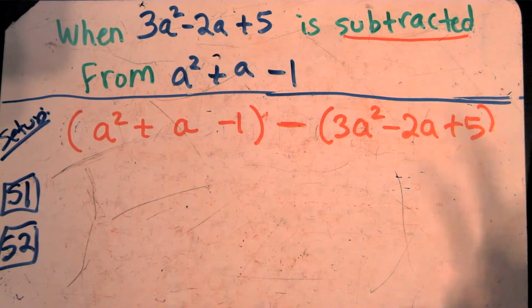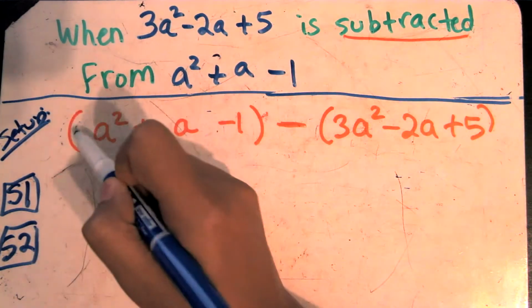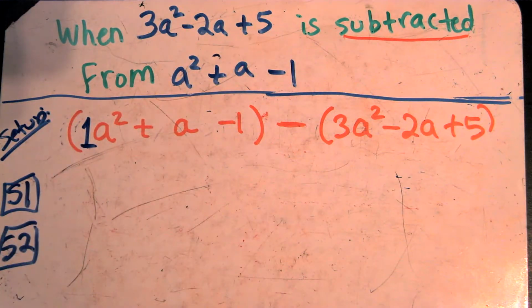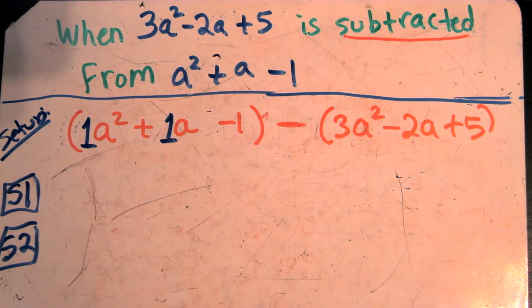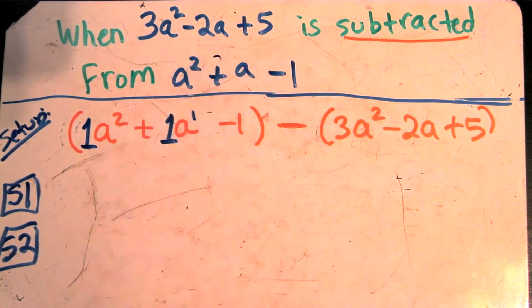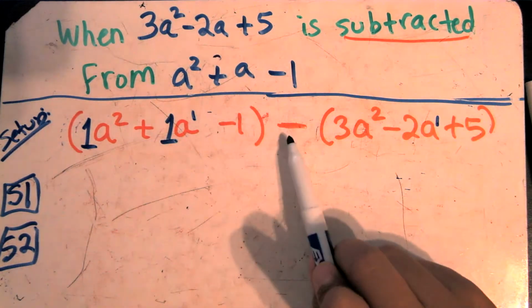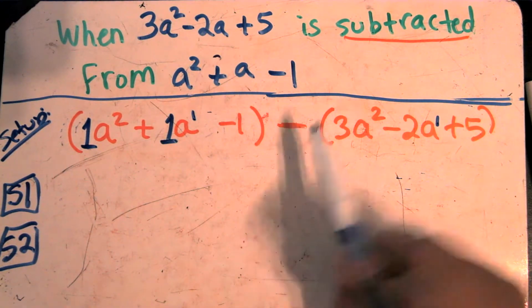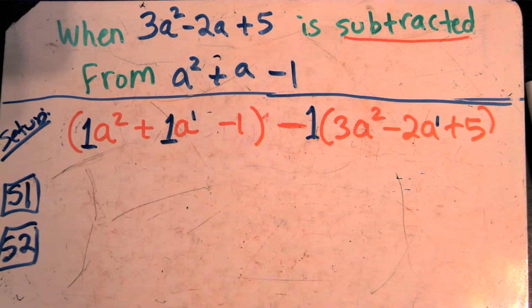And before I move on, I'm going to put in the invisible coefficient when we don't see one. Another one here. And we're going to put in the invisible exponents when we don't see one. And then this negative is actually a -1, the invisible one.